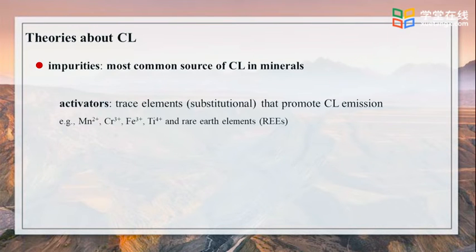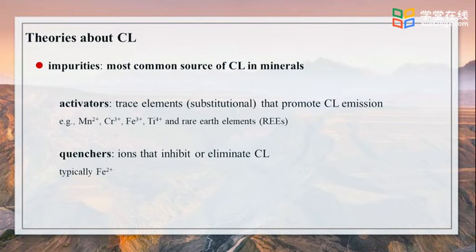Certain elements behave as activators that promote CL emission in minerals, small concentrations of which are sufficient to produce CL. A few elements can perform the opposite role, modifying the energy level arrangement so that the CL process doesn't operate or is diminished. These are quenchers.